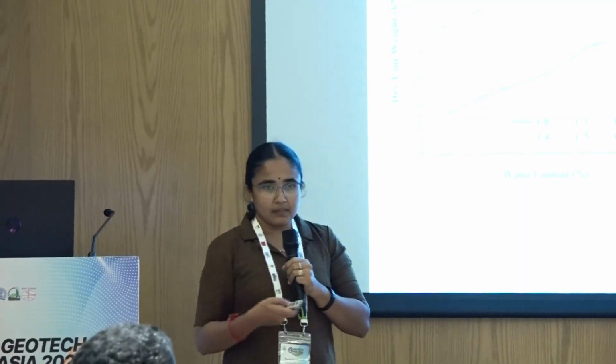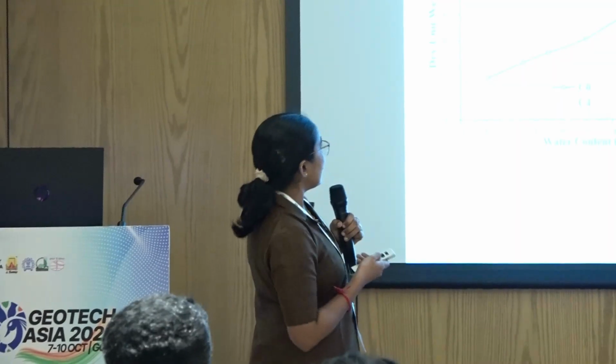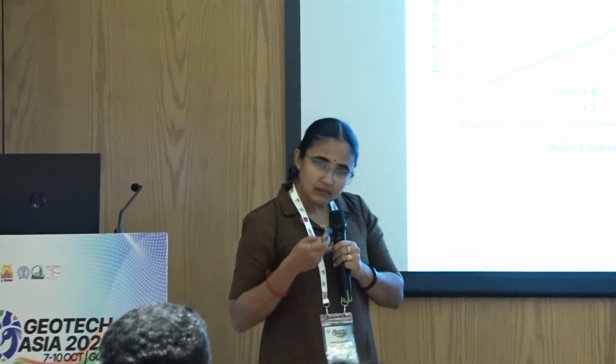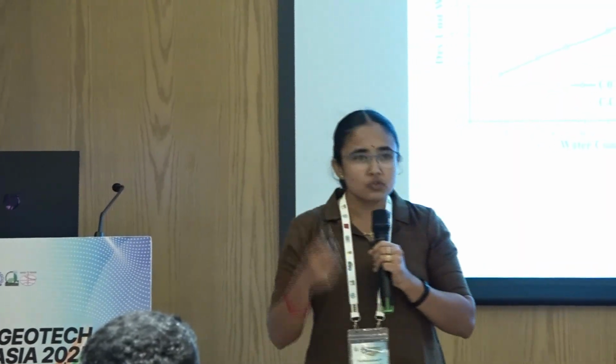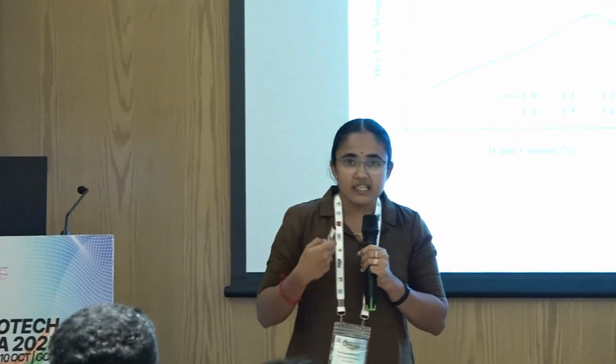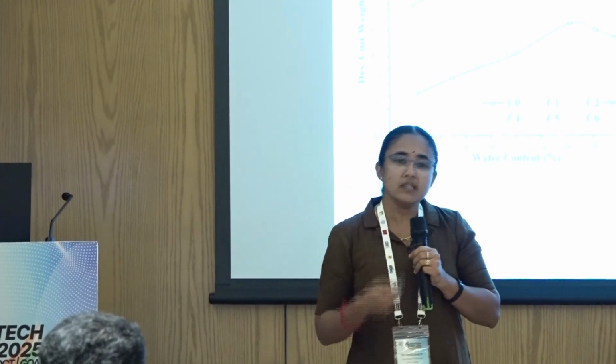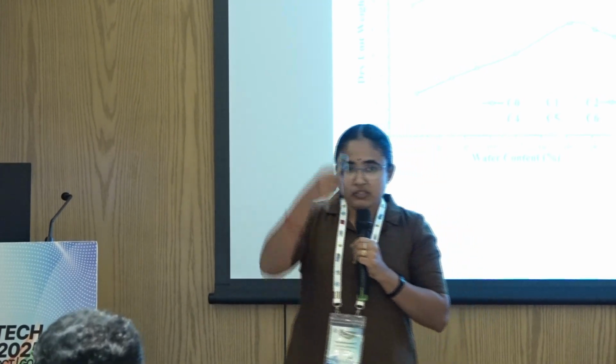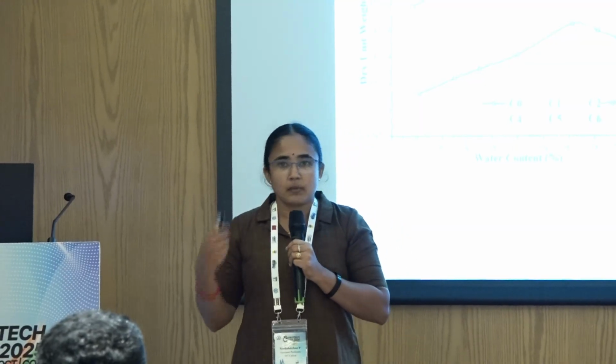So we have taken 30% mica in the soil, and it is subjected to the standard Proctor compaction test to increase the percentage of crushing, because we cannot directly simulate the traffic loading to induce crushing, because that changes with the depth and the type of loading, which makes the process complicated.